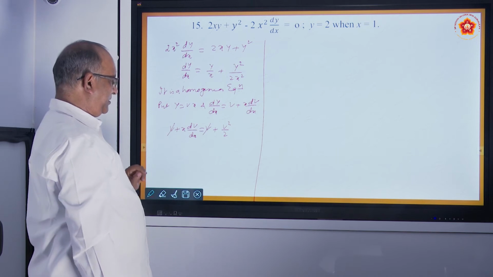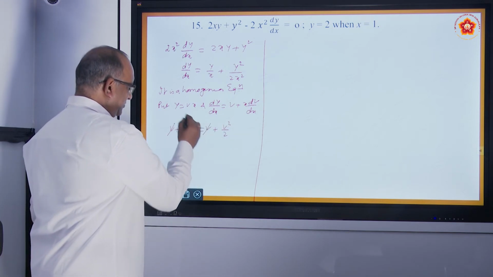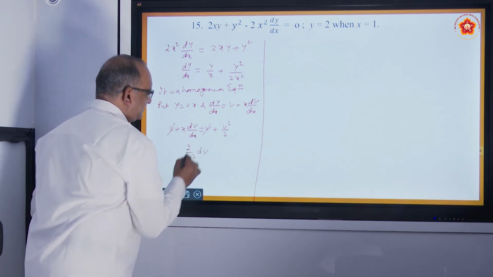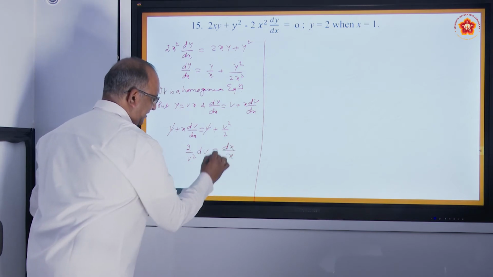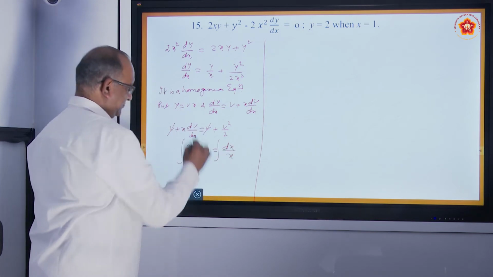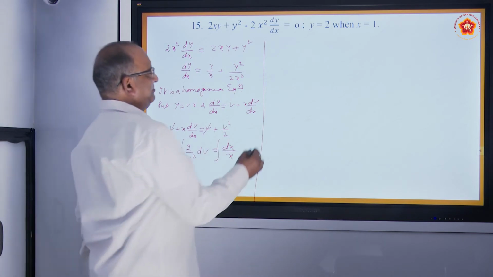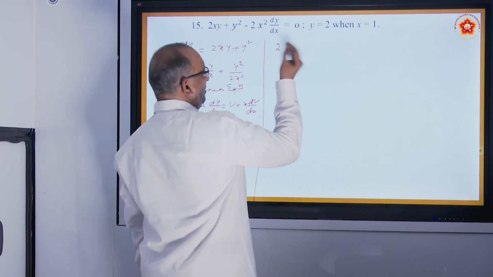Separate the variables now. How do you separate the variables? Get this v square by 2 this side, it will become 2 by v square dv equal to dx by x. Integrate. If you integrate 2 by v square, 2 can be put outside. It is v to the power minus 2.